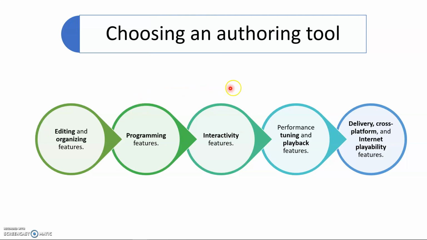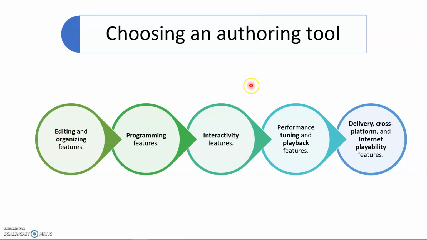So we continue with the next slide. As we all know, we have three types of authoring tools that I explained before in the previous slide. From these three tools, it is up to you which one you want to use.